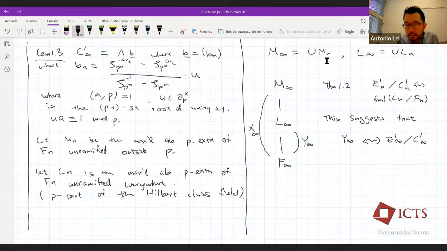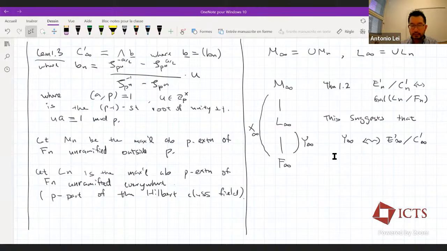In some way, what you're trying to do is to package this link, which is a priori a link at the finite levels of your tower of extensions, into a link over the whole tower. And this is what Iwasawa theory will tell you.